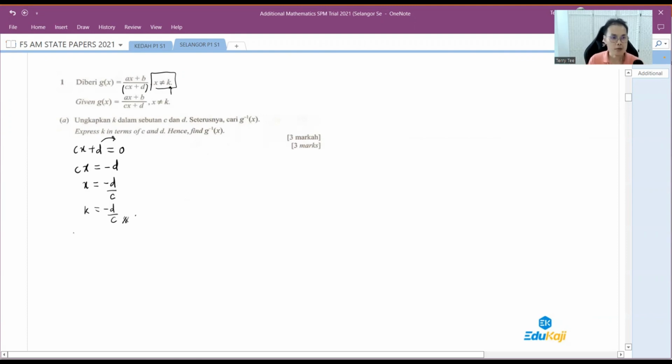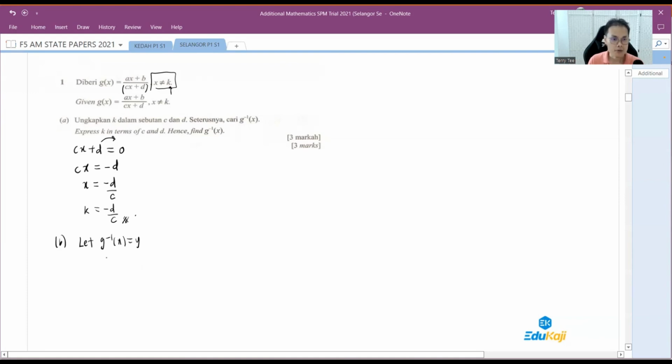Next, we are supposed to find g inverse. To inverse a function, I just want to let you know there are two versions. Most of the time, the textbook will let g(x) equal y, and then you need to make x the subject. But personally, I like to use the second version, g inverse x equals y, where I need to make y the subject.